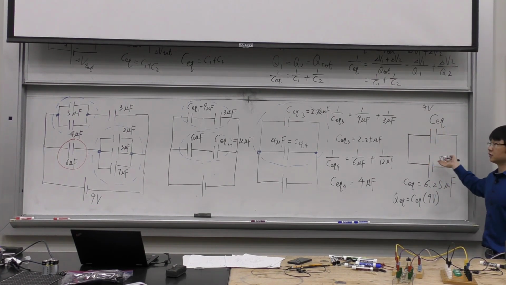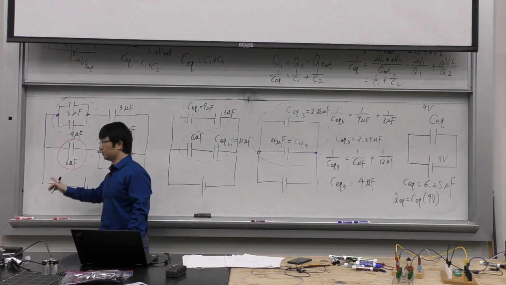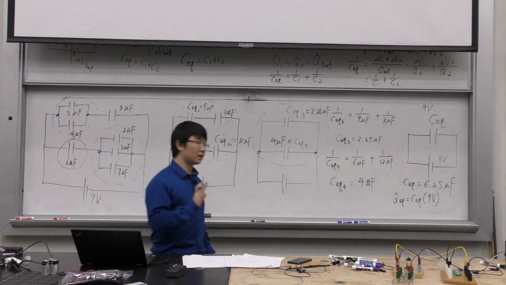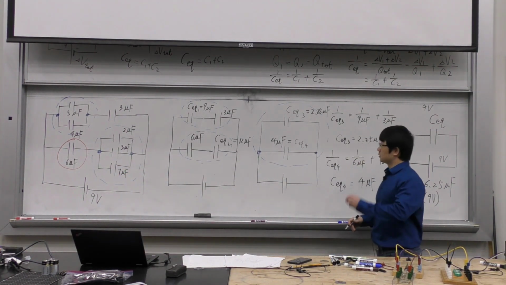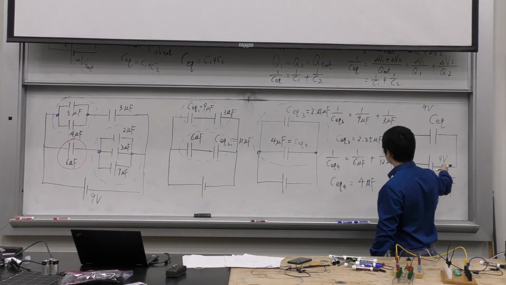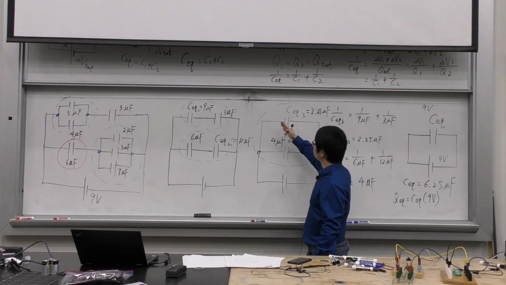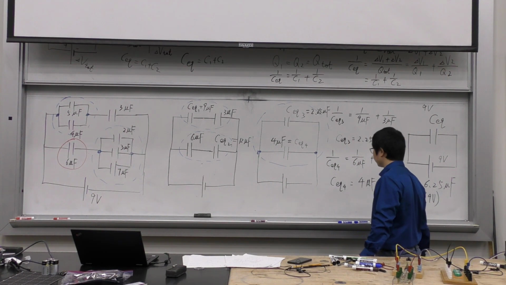But I'm not interested in this diagram. I'm interested in this 6 microfarad capacitor. Doesn't matter. Now we can go back to this diagram, so we're going to do that in steps. I can use all the information in this diagram to figure out everything on this diagram. Then we're going to go back to this diagram. That's how we do that.